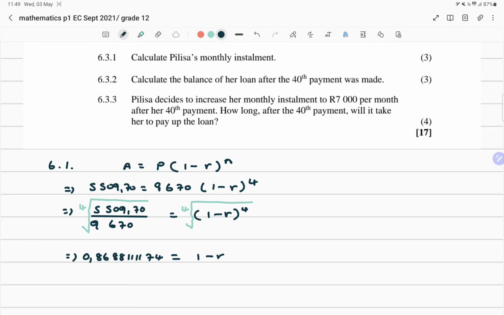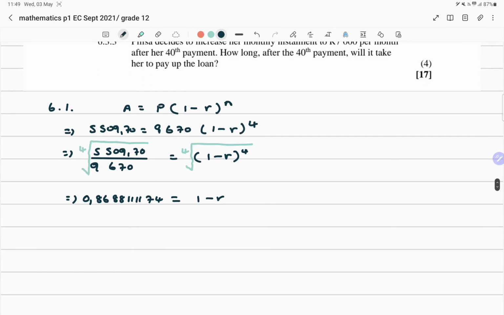Okay, so you write everything as it appears. You don't round off. Then this implies, you can tell that r will go that way. This is going to be 1 minus 0.8688111174. Okay, so this becomes 0.1313.